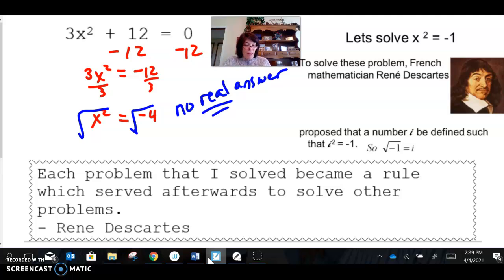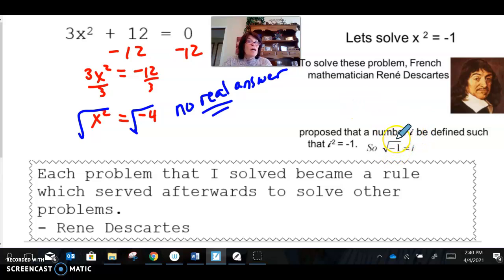Okay, so here's René Descartes. This was his problem. He said, let's solve x squared equals negative 1. We'll solve that by taking the square root of both sides. And we are going to introduce a new number, a little lowercase i.